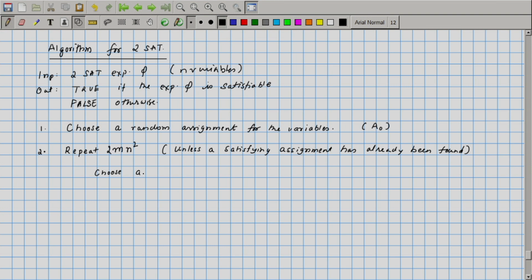Choose any clause, it does not have to be random, any clause that is not satisfied, change any variable to make that clause satisfied.